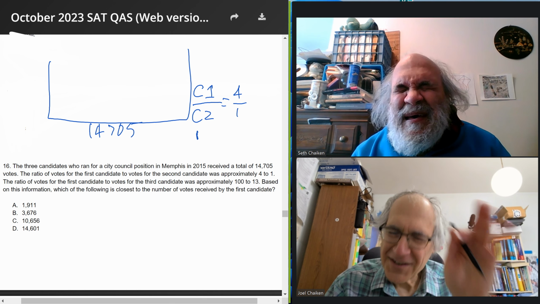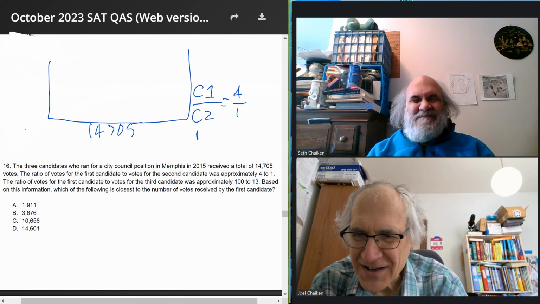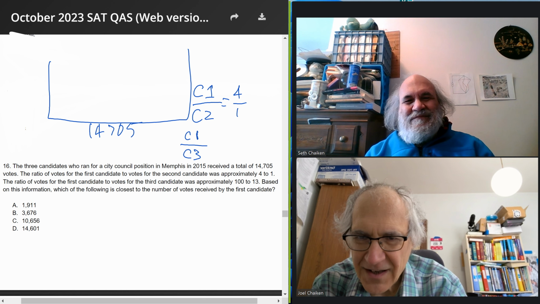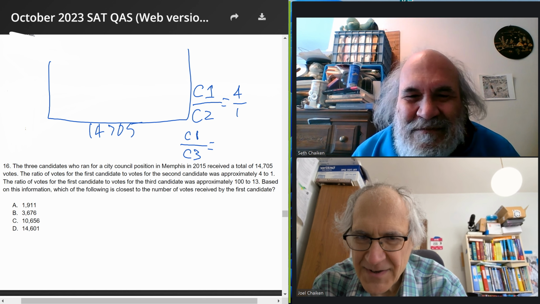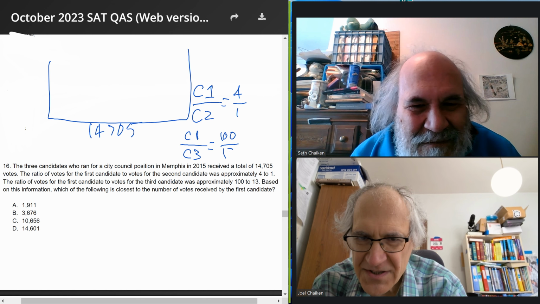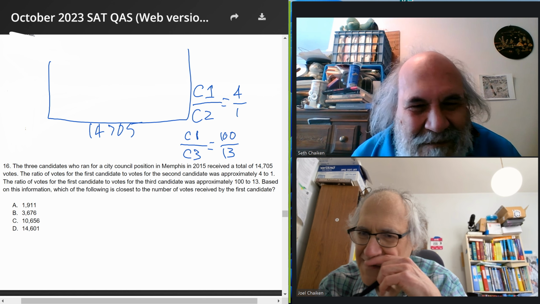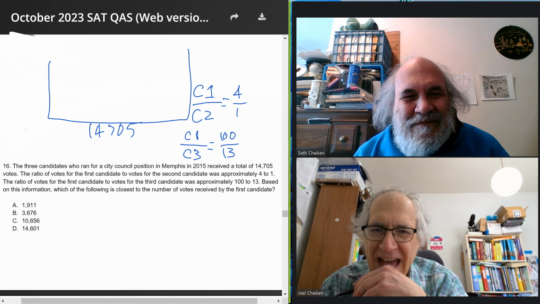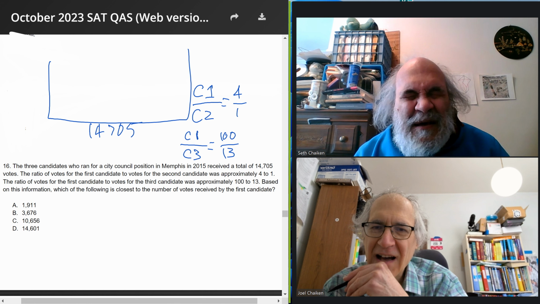Got it. Good idea. Thank you, Seth. The ratio of votes for the first candidate to the third candidate was approximately, be careful here, 100 to 13. Based on this information, which of the following is closest to the number of votes actually received by the first candidate?